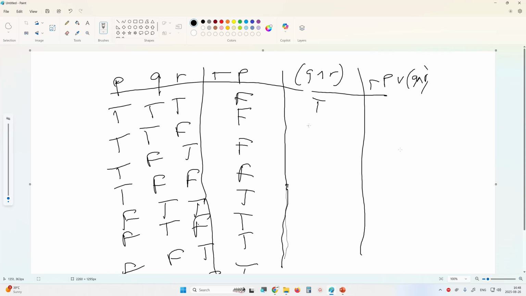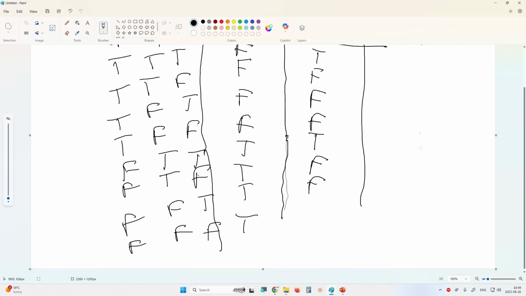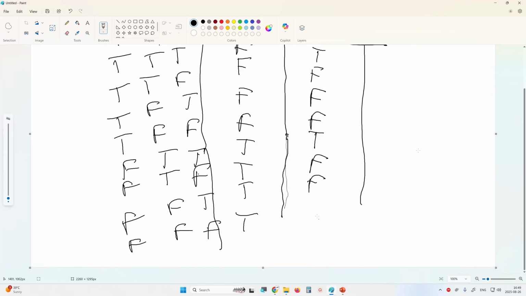True, false, that's false. Other false. And then here, TT, that's true. TF, that's false. And keep going down. This is again false and false.